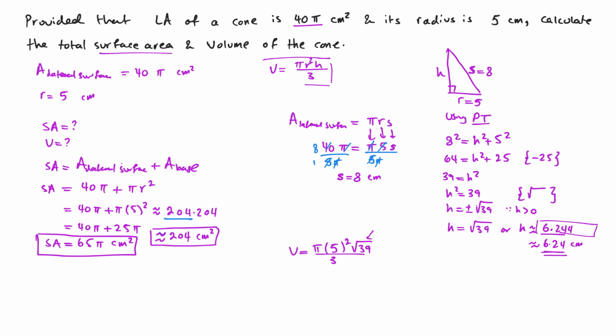So I'm just going to erase this. I can do this on my calculator or get an exact value. The exact value for this would be 25, because 5 squared is 25, root 39, because that cannot be simplified any further, pi over 3.